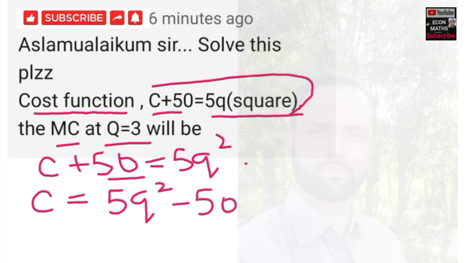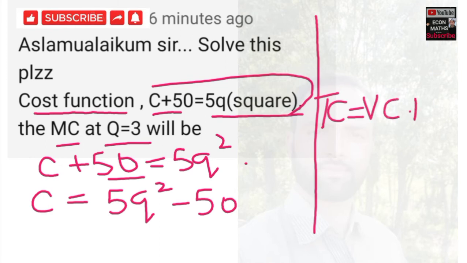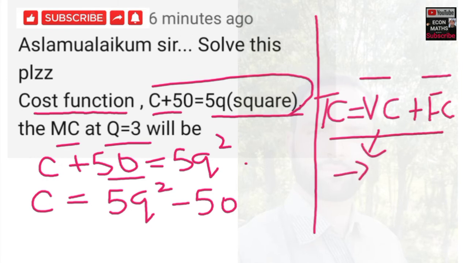But I want to add some point here. Total cost, as we know, is equal to variable cost plus fixed cost. That means our total cost is the aggregate of variable cost and fixed cost. Variable cost, as you know, changes with change in the output. If we produce more, the variable cost would be more.